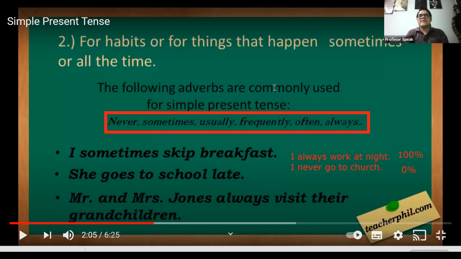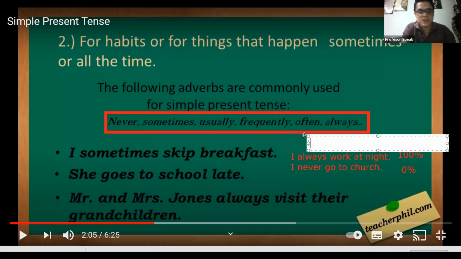Okay, Rosie, give me your example using always. I always walk to my work. Okay, all right. I always walk to my work. Okay, always. The pronunciation of this word is always.